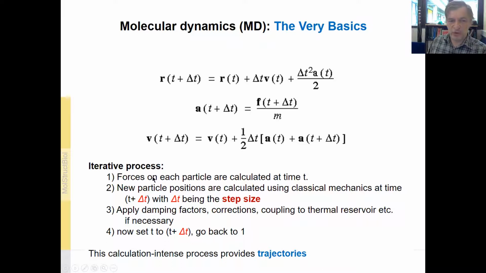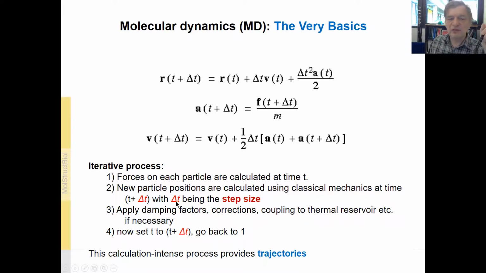So just to remember how we go on: first, we calculate the forces at the time t plus delta t. I should correct this. We calculate the new particle positions using classical mechanics at the time t plus delta t, that is this one. We calculate all the rest as well, using the correct delta t.